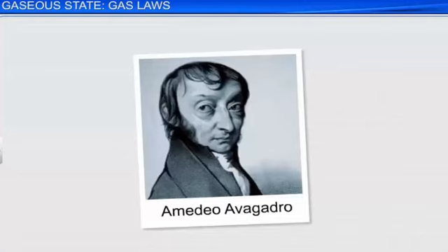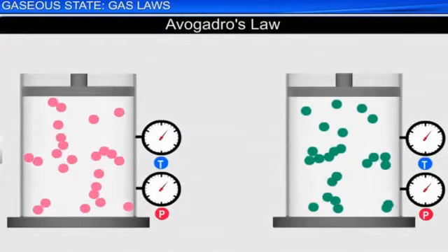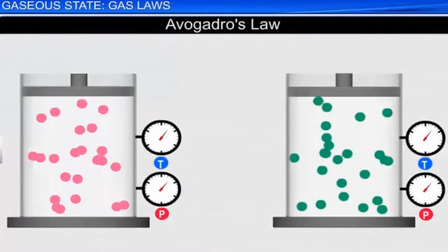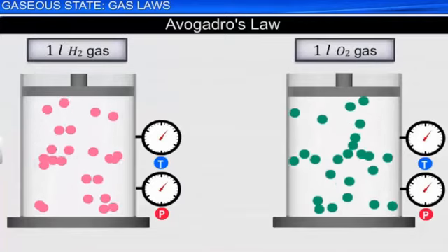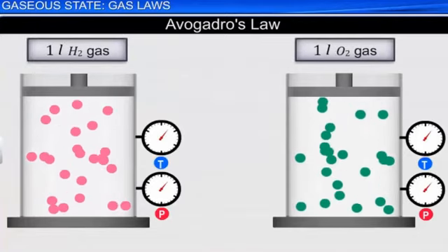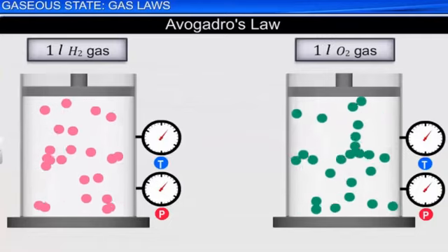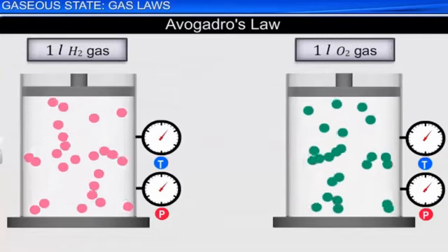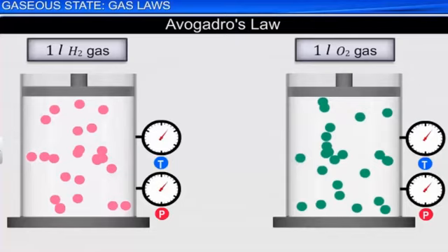For example, consider 1 liter of hydrogen gas and 1 liter of oxygen gas. Then, according to Avogadro's law, at same temperature and pressure, both 1 liter of hydrogen and oxygen contain equal number of molecules.